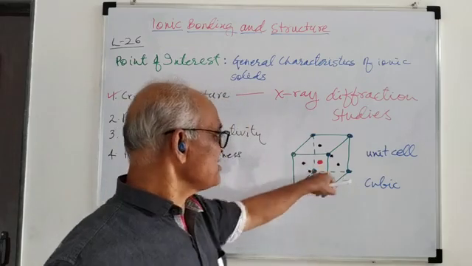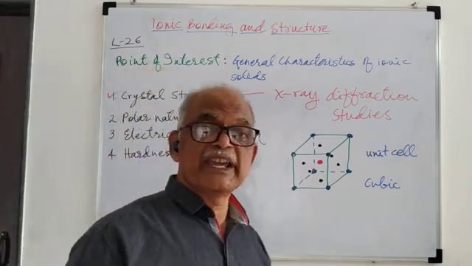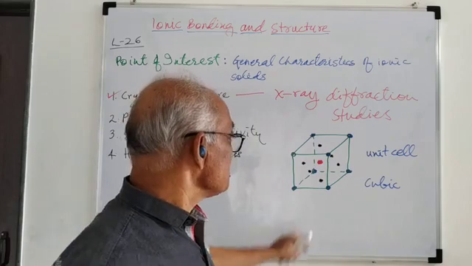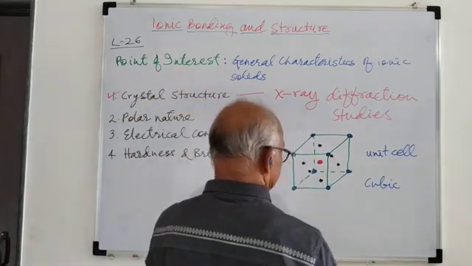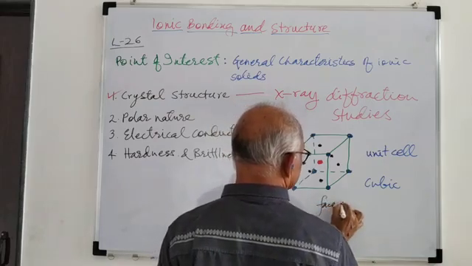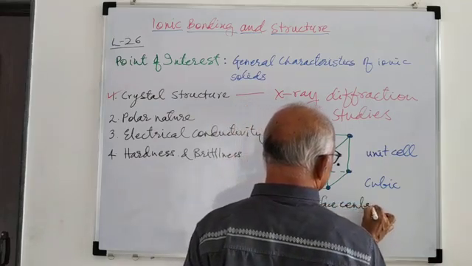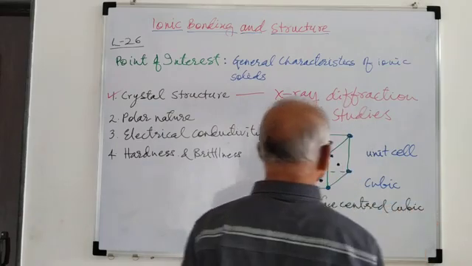Each face has one ion occupying the center of the face. So this is called face centered cubic structure.